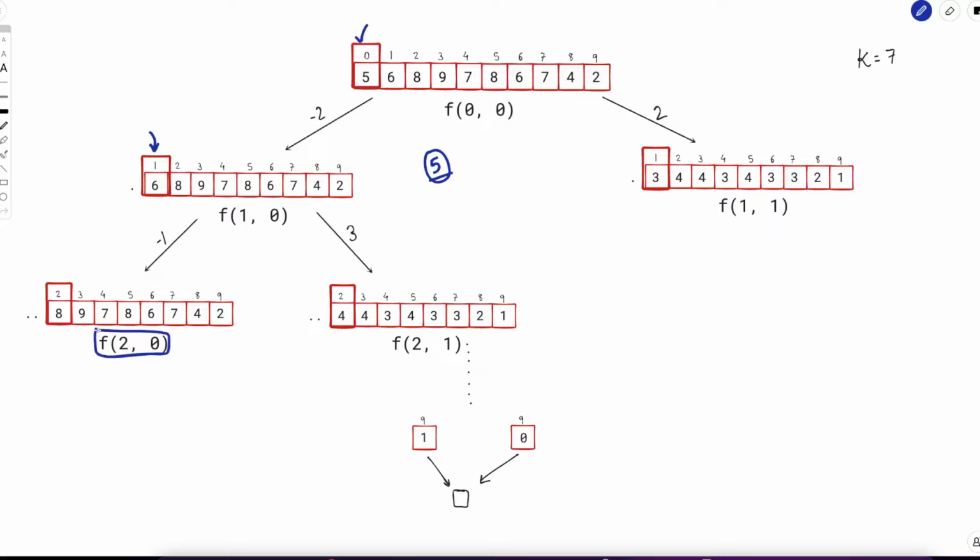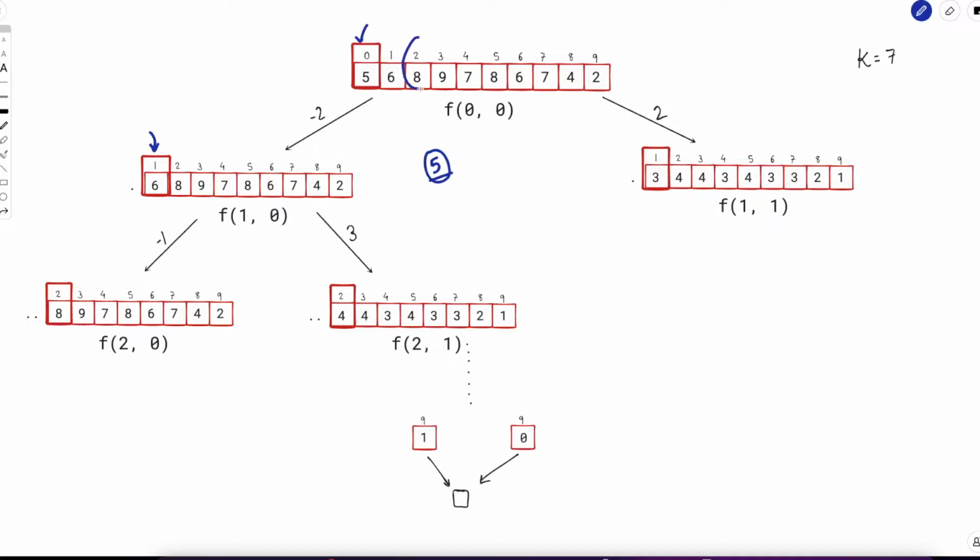Basically, give me the maximum number of points I can collect starting from index 2, given that I don't need to divide anything by 2. But if you go by this route, you have to pay the penalty of dividing everything by 2. So now you are saying give me the maximum number of points starting at index 2, but this time I need to divide everything by 2.